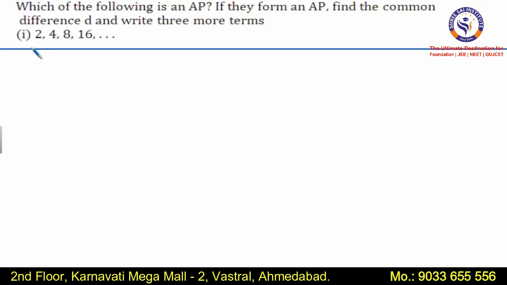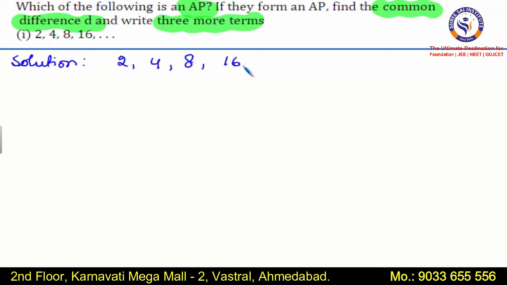This question says, which of the following is an AP? If they form an AP, find the common difference d and write 3 more terms. Let's begin with the solution. The given list of numbers is 2, 4, 8, 16 and so on. Let us denote the given terms by A1, A2, A3, A4 and so on.